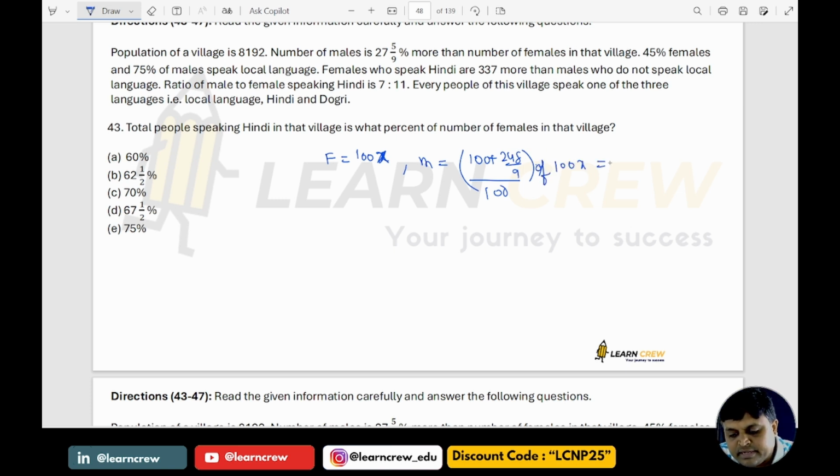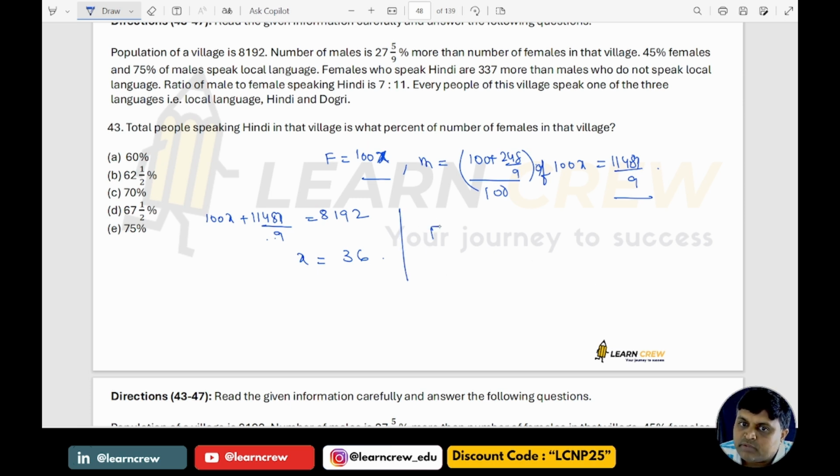This is nothing but 1148x by 9. And it is given that males and females together equal 8192. So 100x plus 1148x by 9 is equal to 8192. If you simplify this, 900 plus this much, x is equal to 36.